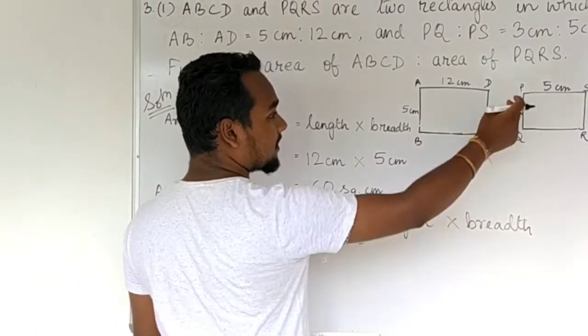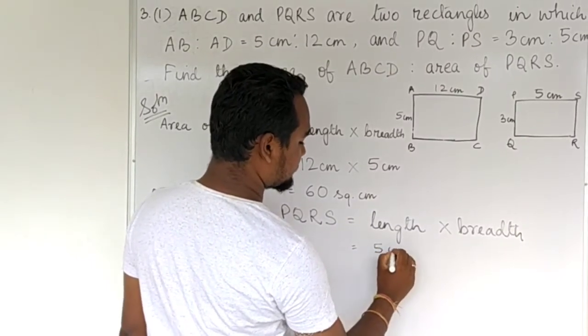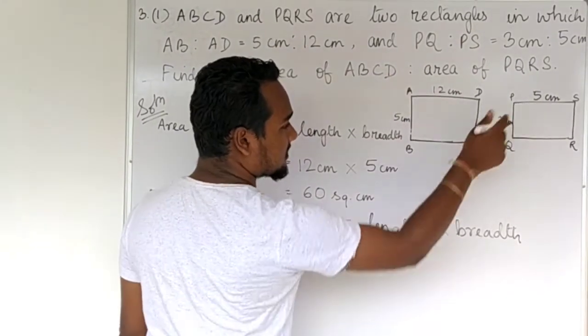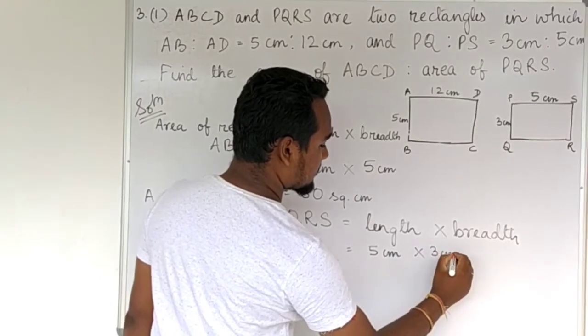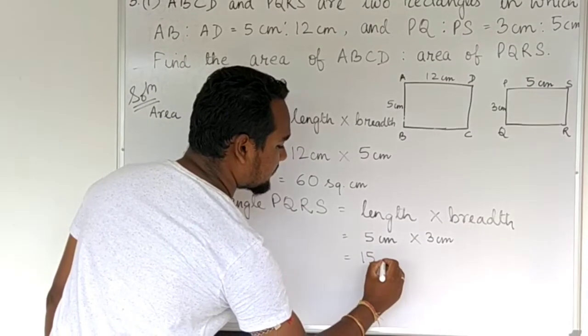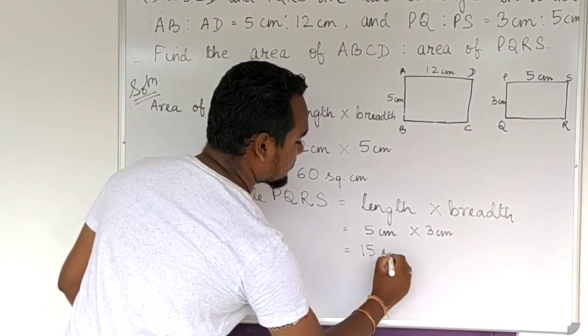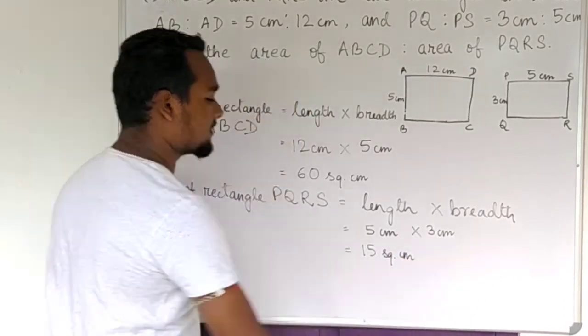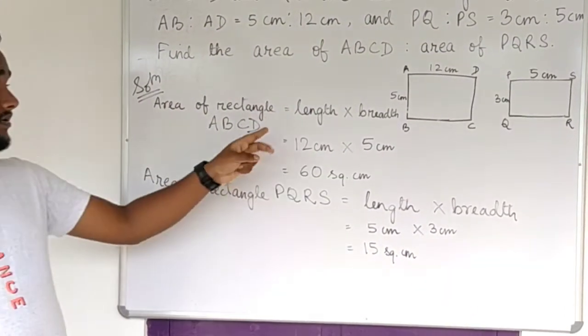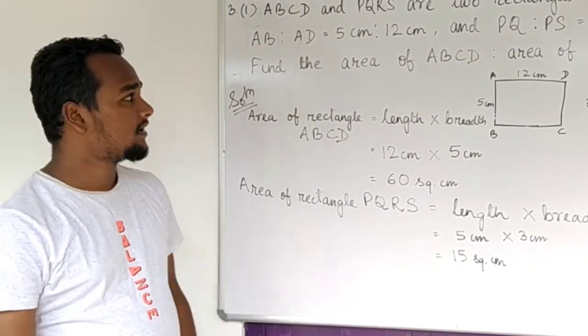What is the length here in PQRS? It is 5 centimeters. What is the breadth here? It is 3 centimeters. So 5 into 3 is 15 square centimeters. I have taken out the area of rectangle ABCD and the area of rectangle PQRS.